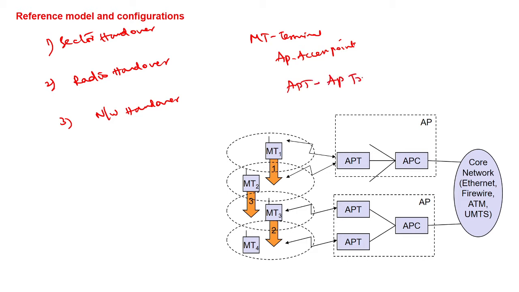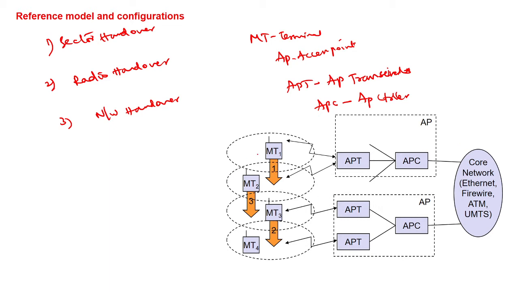We can either transmit or receive, that is transceivers. And then APC stands for access point controller. These mobile terminals are connected through an access point to the core network.